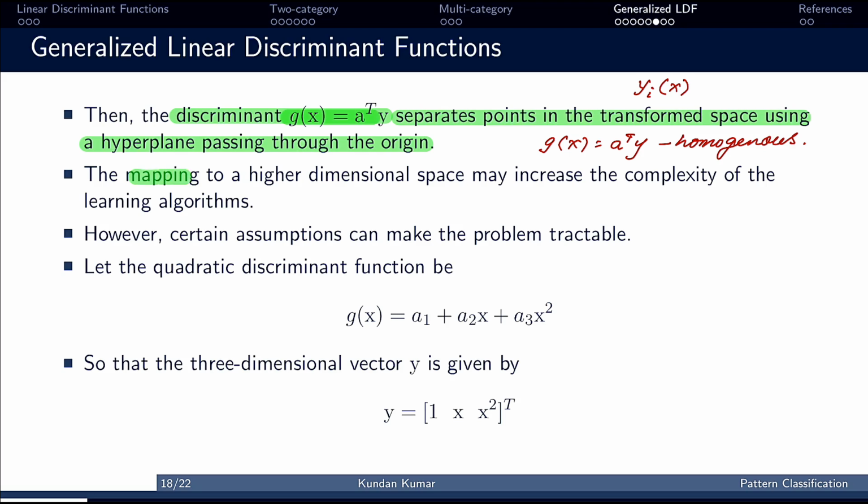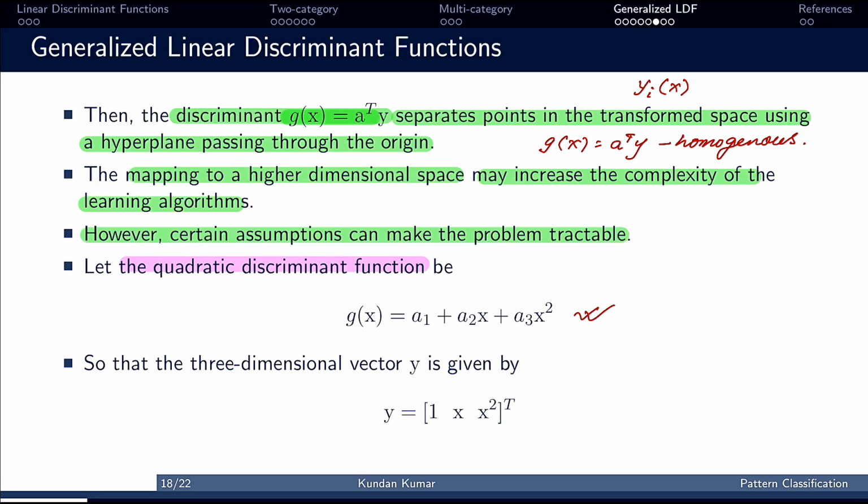The mapping to a higher dimensional space will definitely increase the complexity of the learning algorithm. However, certain assumptions can make the problem tractable. So we have to make some assumptions so that we can handle this type of problem. Some of the advantages and disadvantages of this approach can be clarified by considering a simple example, the quadratic discriminant function given by this expression.